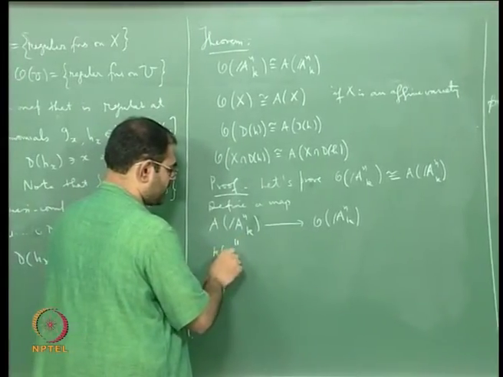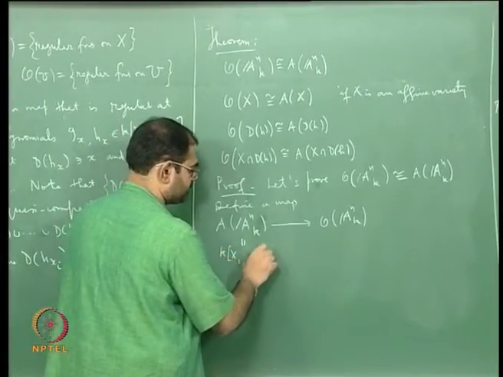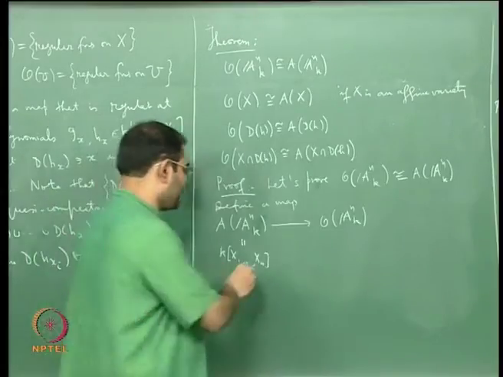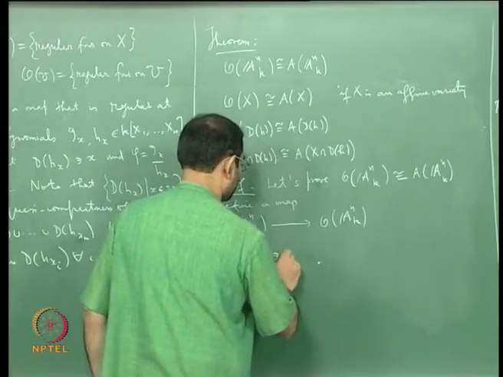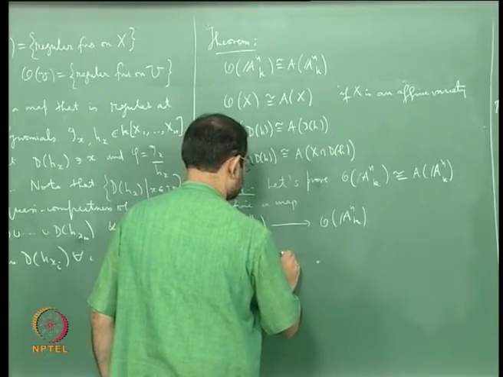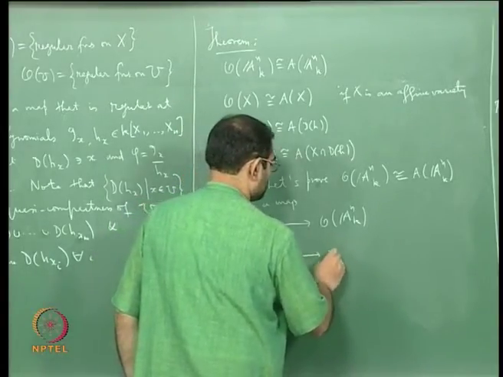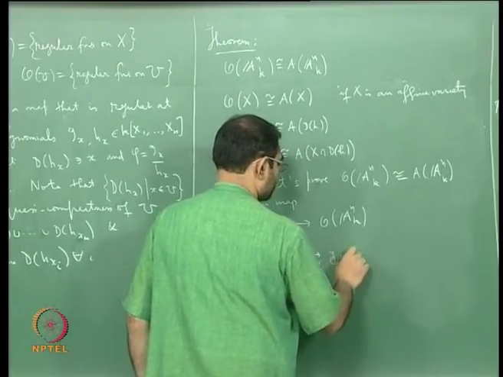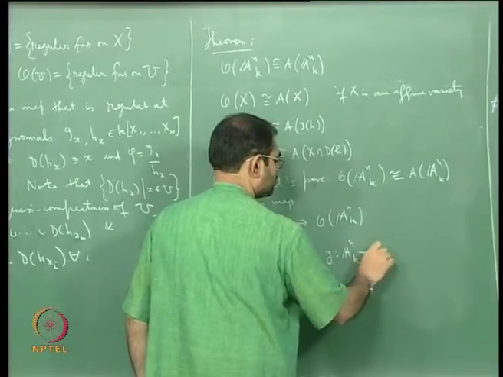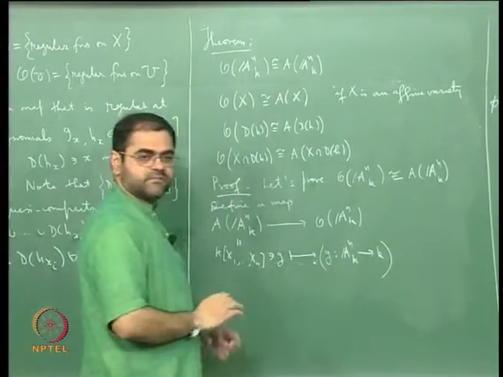A of A^n is just the polynomial ring in n variables over K, and we simply send the polynomial g to the function g from A^n to K. So it's a very simple map.